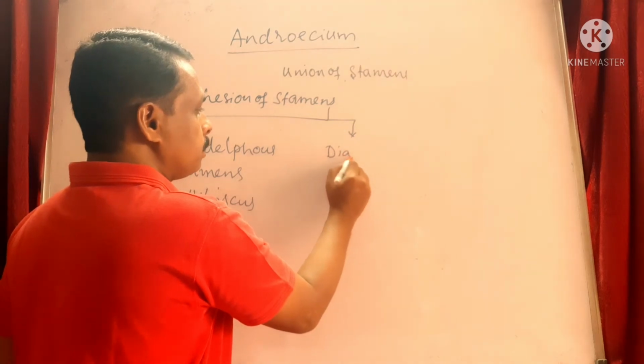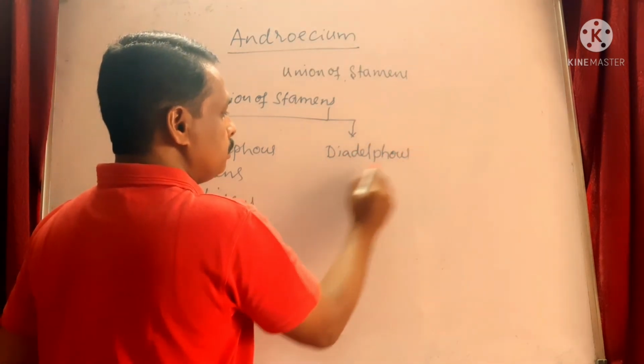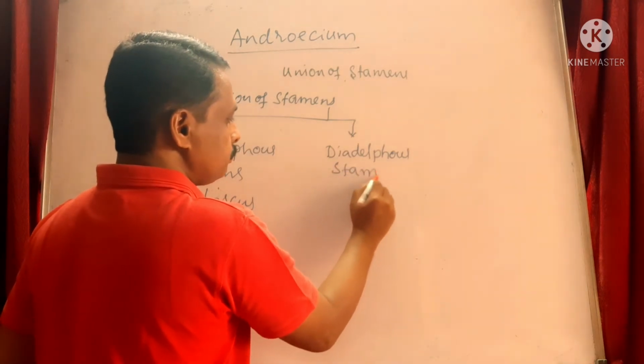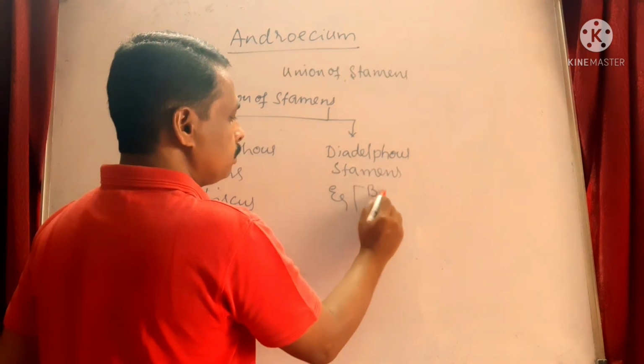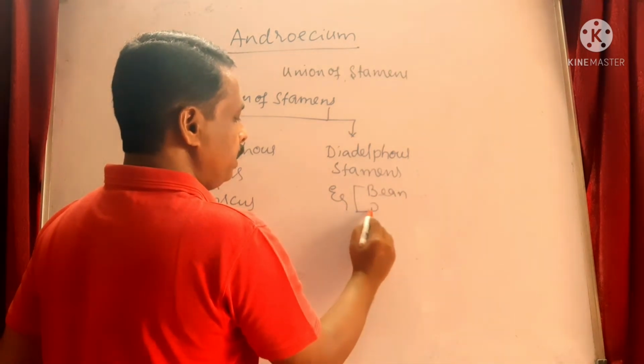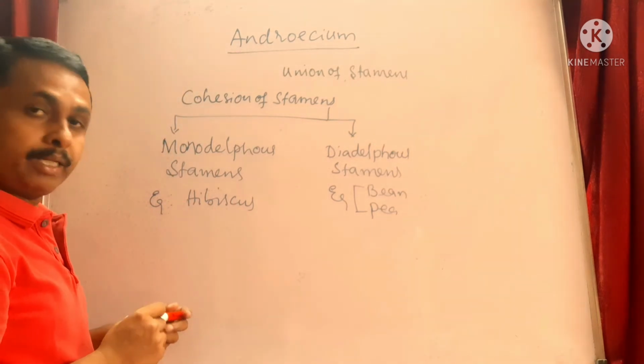The next one is diadelphous stamens. Example, bean, pea, Fabaceae family.